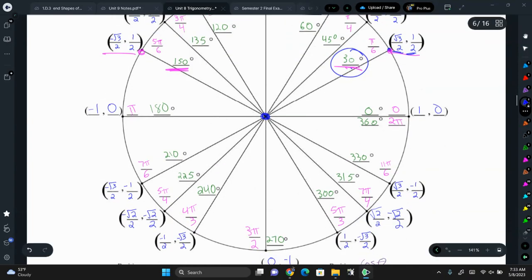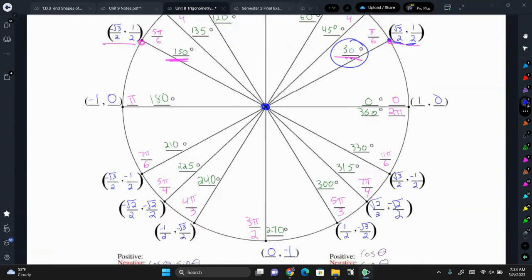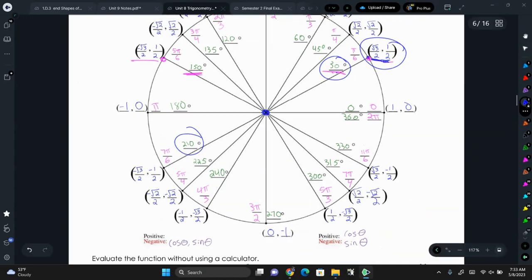For example, if you know that the reference angle for 210 degrees is 30 degrees, then you only need to memorize these coordinates and realize that 210 degrees is in quadrant 3, so it's going to be these coordinates up here, just with both coordinates negative.